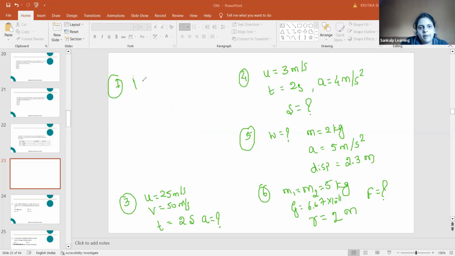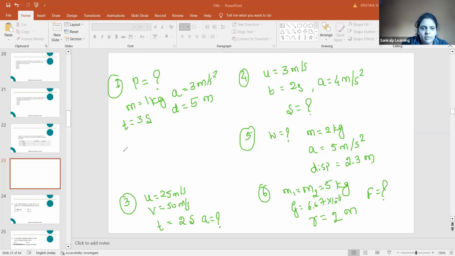So calculate power is equal to, in that mass is 1 kg, acceleration is 3 meter per second square, displacement is 5 meter, and the time taken is 3 seconds.